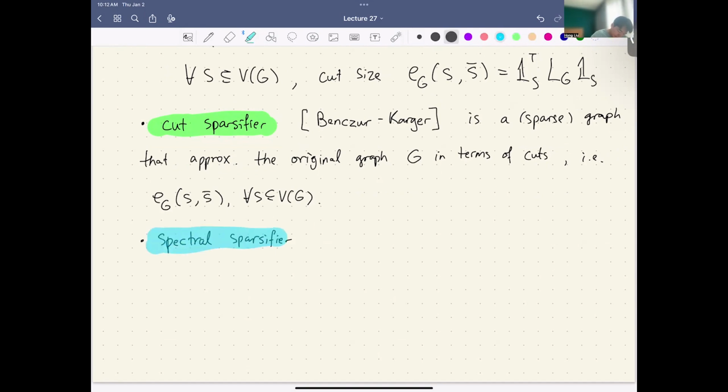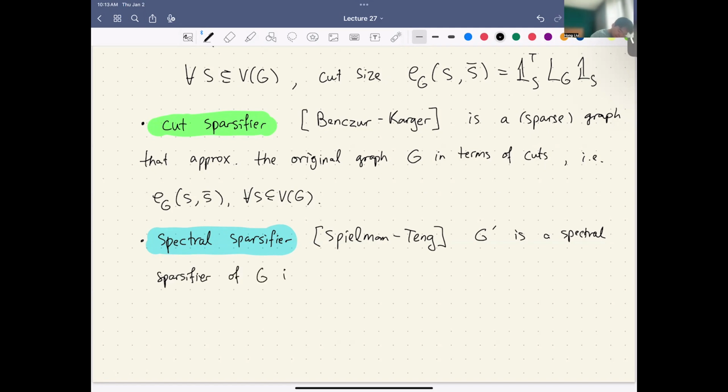What it means is that a sparse graph G prime is a spectral sparsifier of G if it resembles G spectrally as follows.